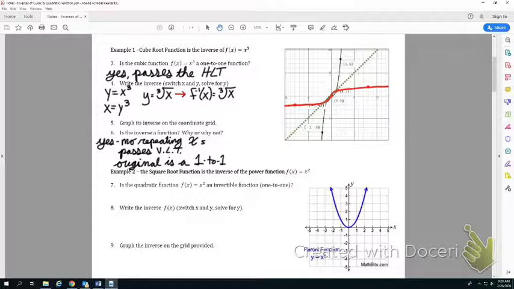So if you've forgotten how to do the vertical line test, if I take any vertical line and put it through that graph and it only crosses it once, so just looking at the red one, then it is a function.